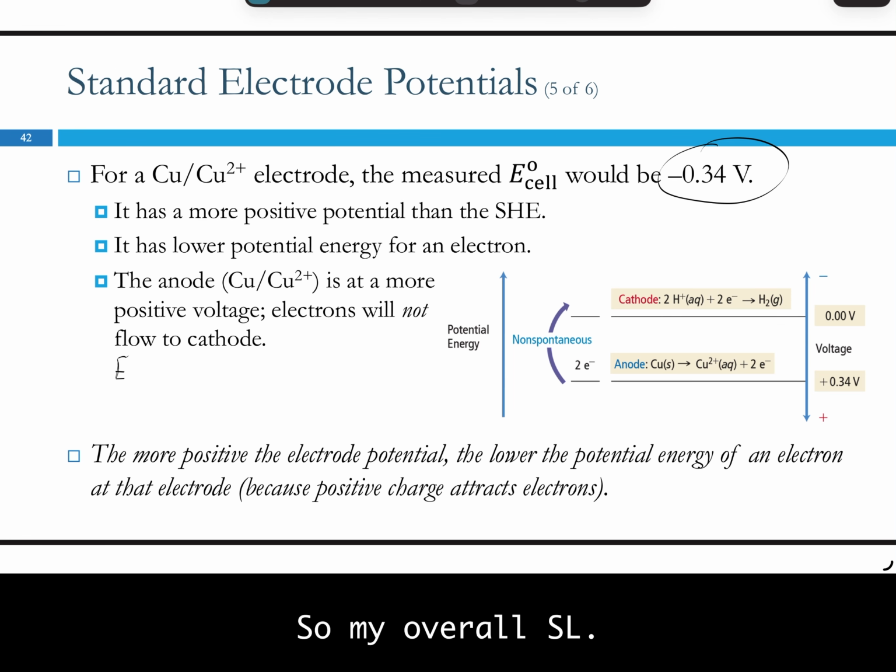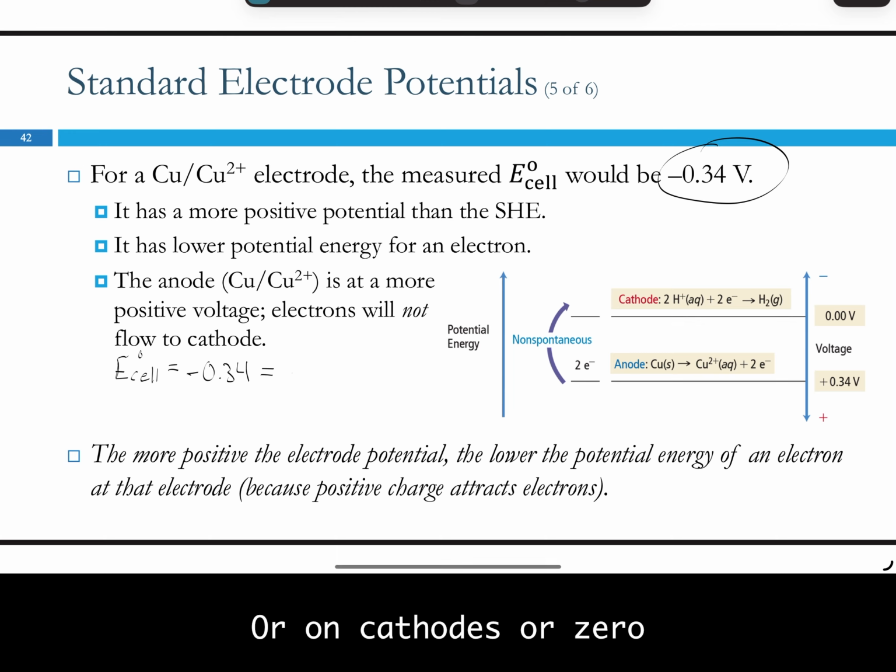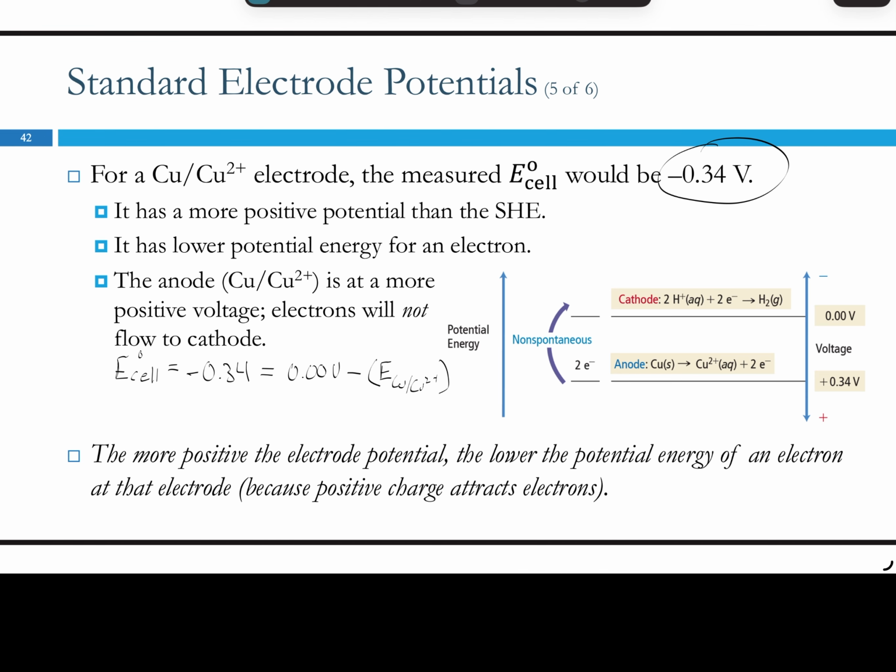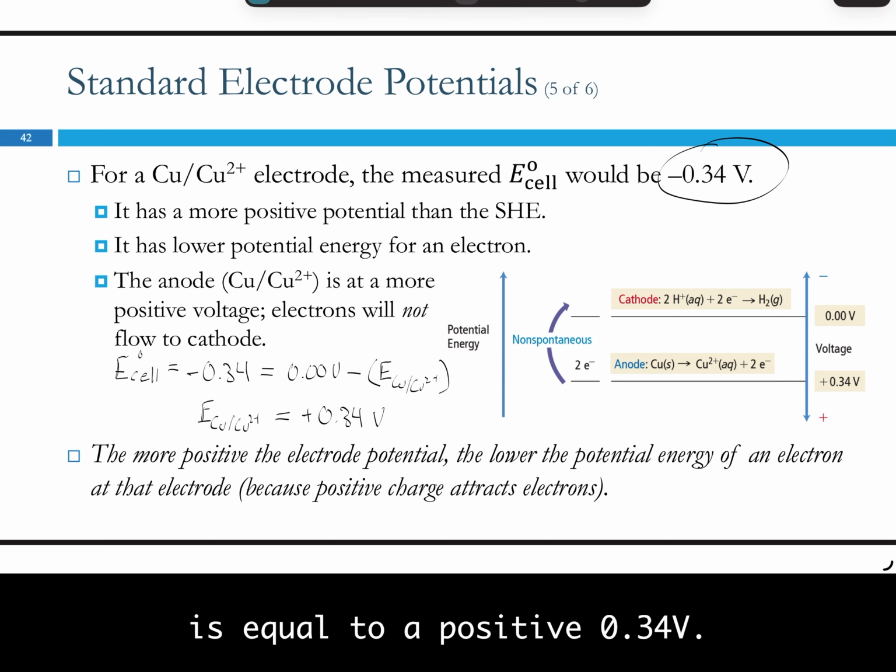So my overall E cell is negative 0.34, which is going to equal, oh, my cathode's always 0, minus whatever the voltage of copper is. So in rearranging these, we get the potential of copper is equal to a positive 0.34 volts.